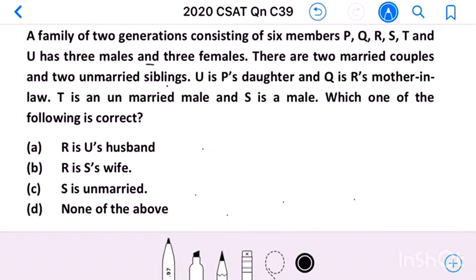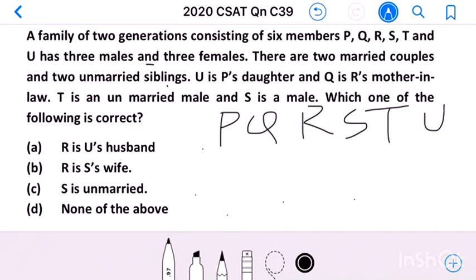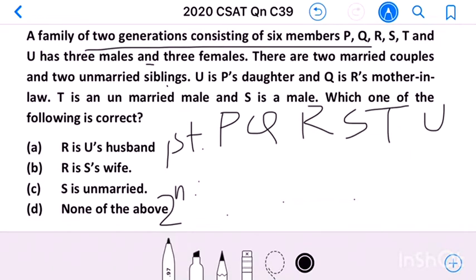So in a family there are 6 members, P, Q, R, S, T, U in 2 generations. First generation, second generation. And there are 3 males and 3 females.